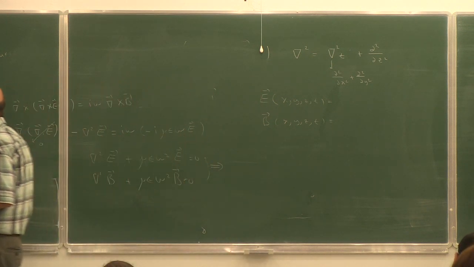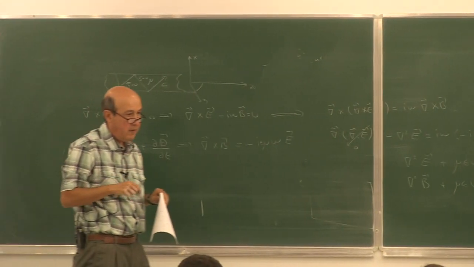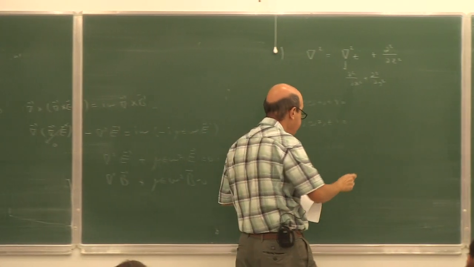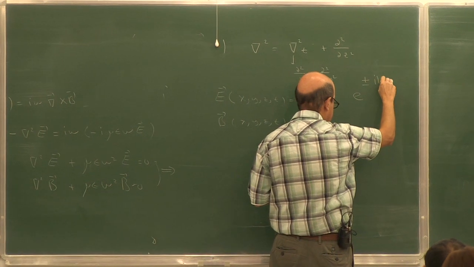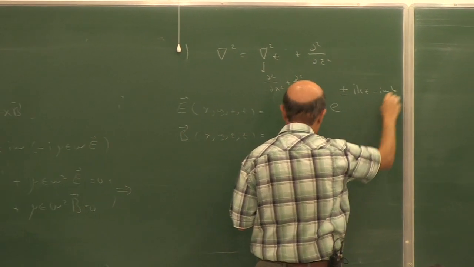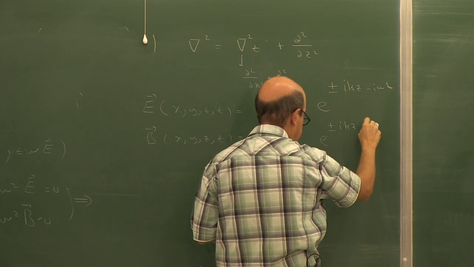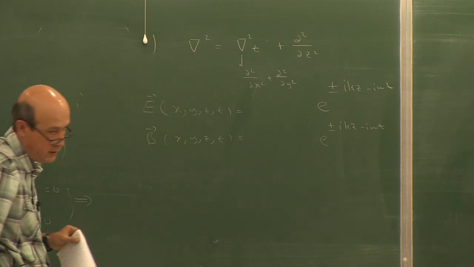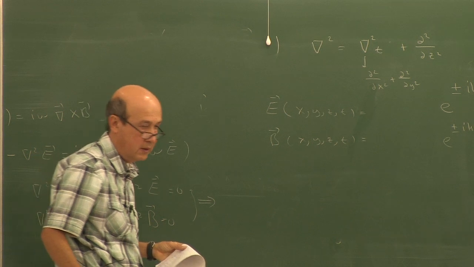For the z direction, the propagation direction, we will take the form of plane waves, so e to the plus minus i kz minus i omega t. But for the transverse components, we don't know what they are.